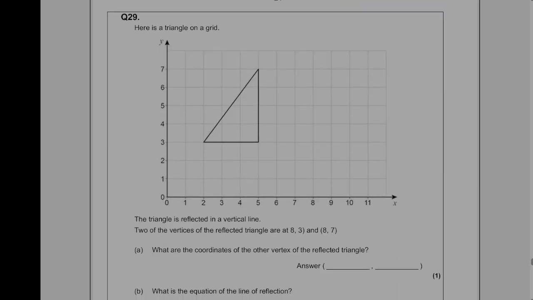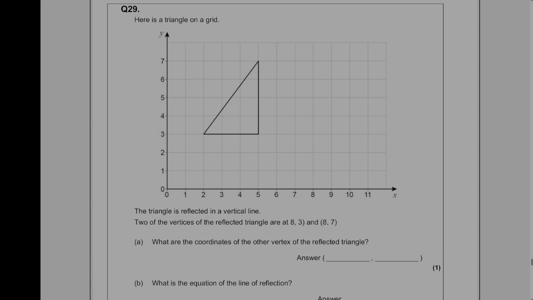Right, question 29. Here is a triangle on a grid. The triangle is reflected in a vertical line. Two of the vertices of the triangle are at 8, 3 and 8, 7. Write down the other coordinate of the vertex of the reflected triangle.